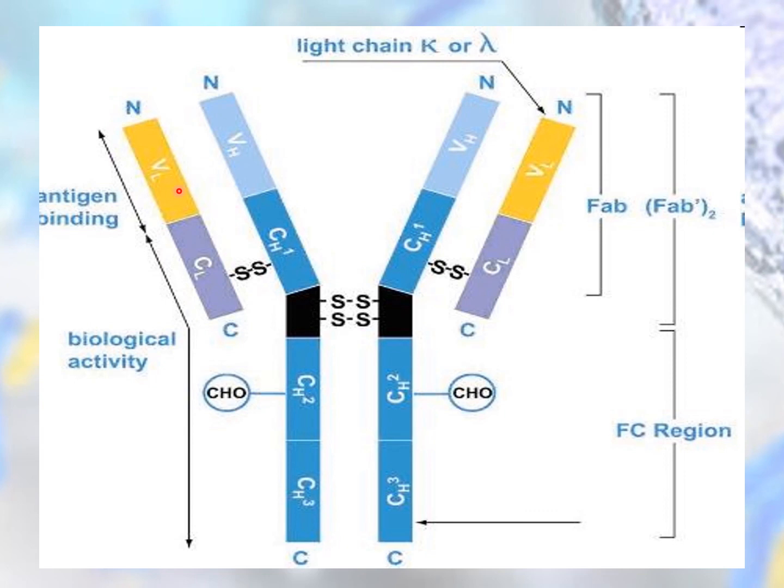This is the variable region which determines the antigen binding specificity of the antibody. So a variable region is composed of a light chain and a heavy chain region. And the FC region, as you can see here, is composed of only heavy chain molecules and it is towards the C terminus.